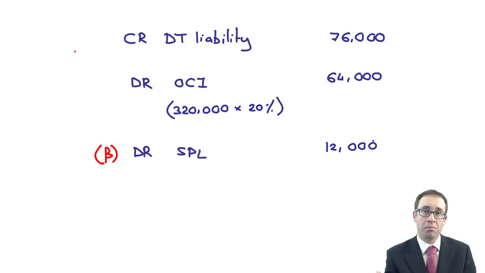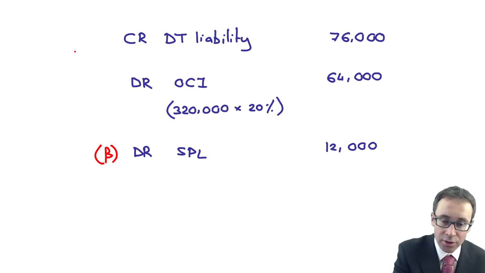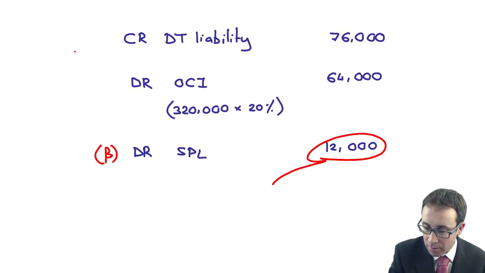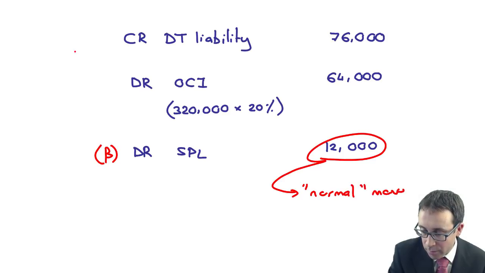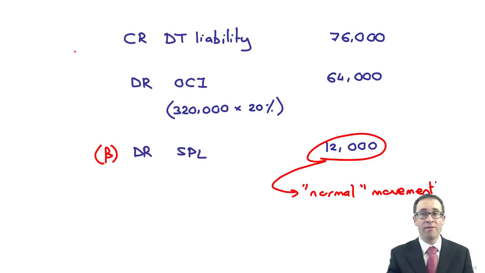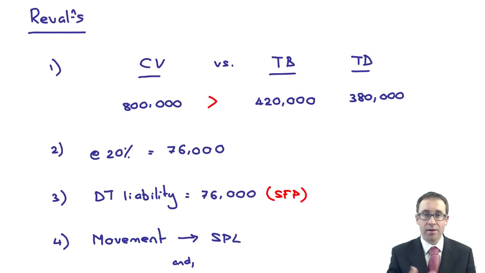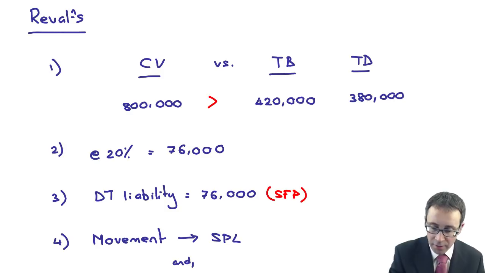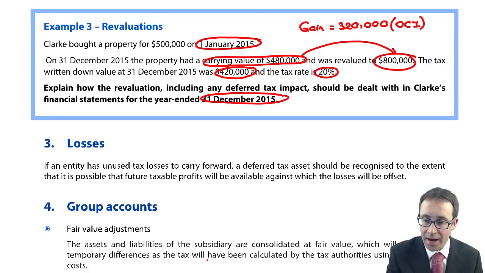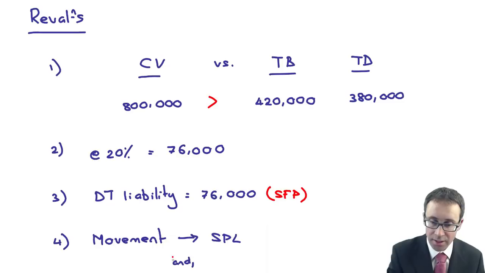Okay, there we go. That 12,000 is sometimes referred to as your normal movement, or if you like, the movement that there would have been before any revaluation took place. So if we play around with it and be very brave, if we go back to the example, the carrying value was 480, wasn't it?